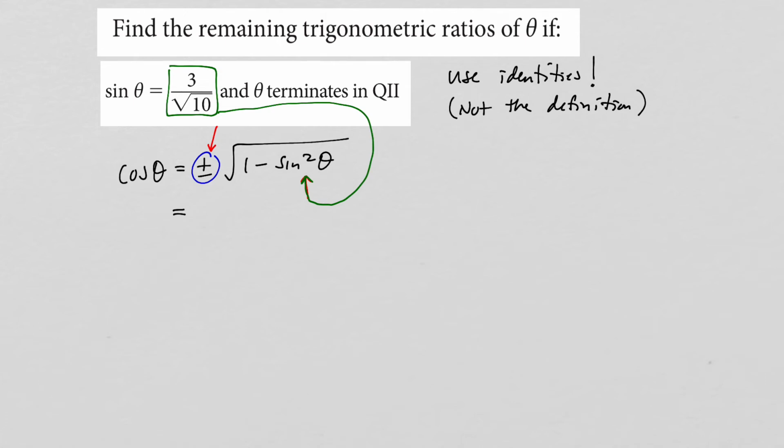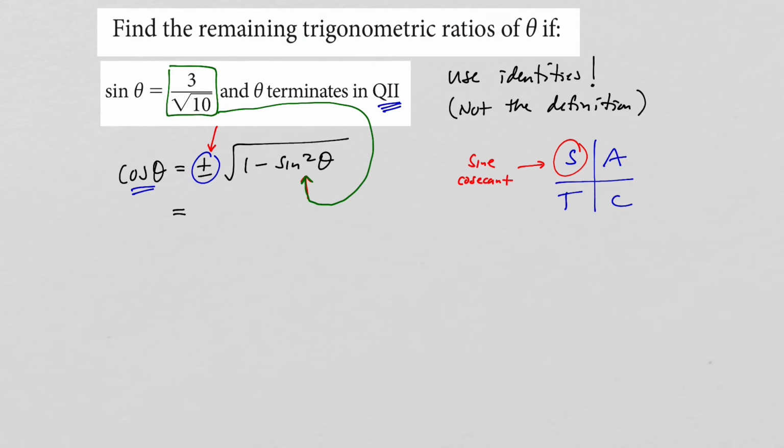Now, here's the thing. We know that theta terminates in quadrant 2. So we have to think about whether cosine is positive or negative in quadrant 2. We know that all students take calculus. In the second quadrant, the S stands for sine and its reciprocal, which is cosecant.